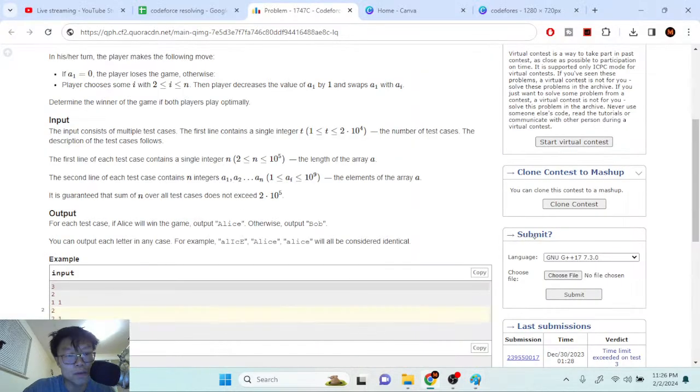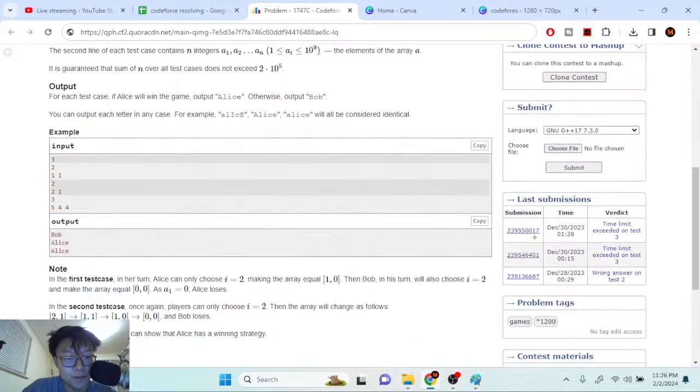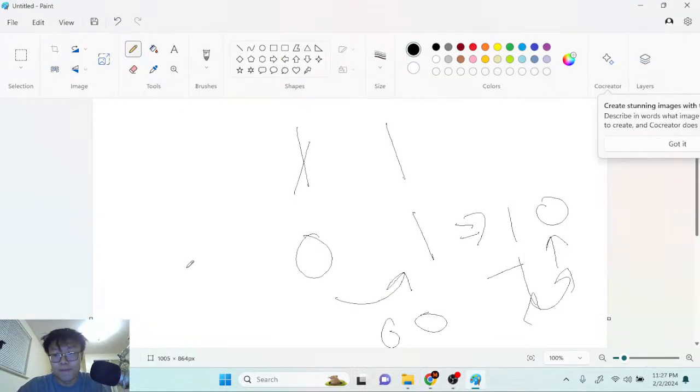So on Bob's turn it reaches 0, right? So who wins? Wait. As A1 equals 0. Oh, so whoever's turn it is when A1 equals 0, the other person wins, right? Because whoever's A1 reaches 0, you lose.